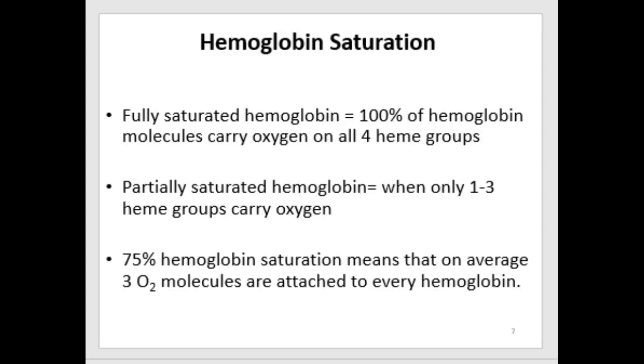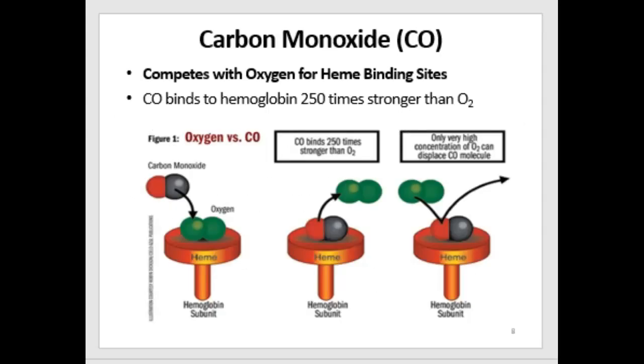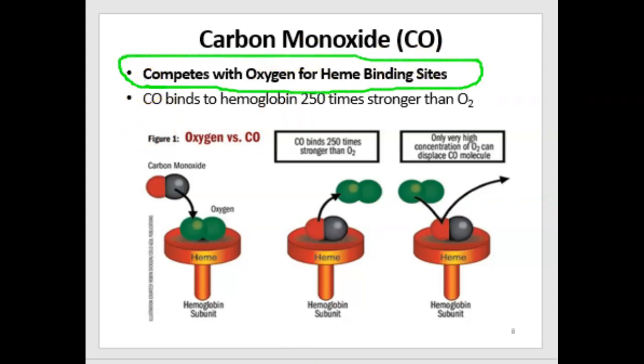One thing that's interesting is how hemoglobin carries carbon monoxide as well. So carbon monoxide binds to the same site as oxygen, and it actually competes with oxygen for those sites.